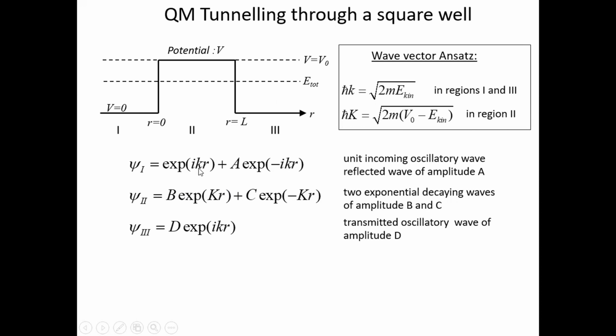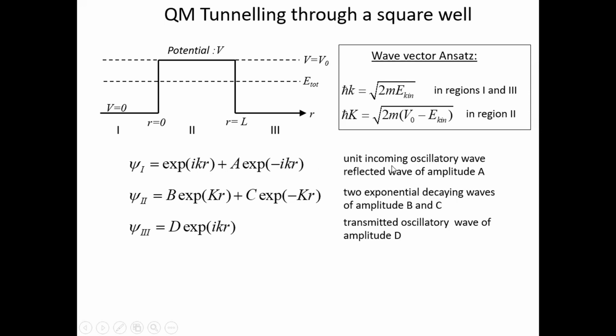We see that exponential functions of the type e to the power iota times kr are observed in region 1 and also in region 3. But in region 2, it is decaying, with e to the power plus and minus Kr type functions.